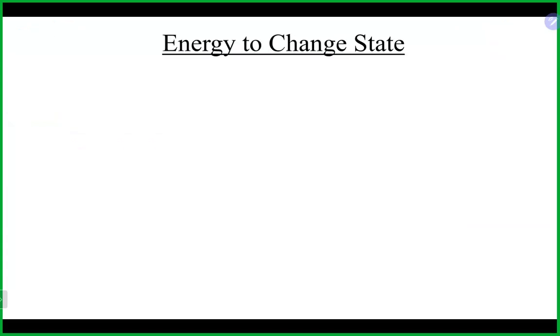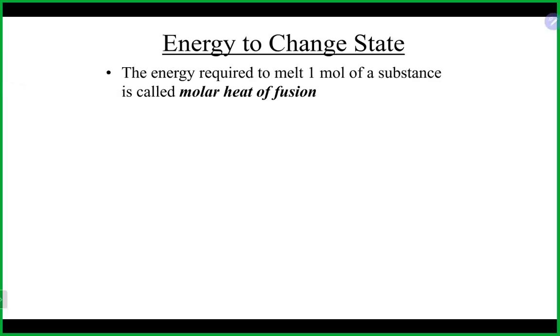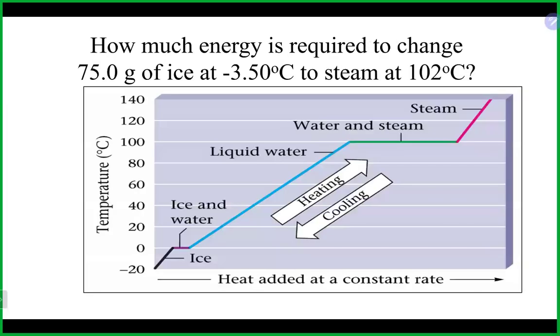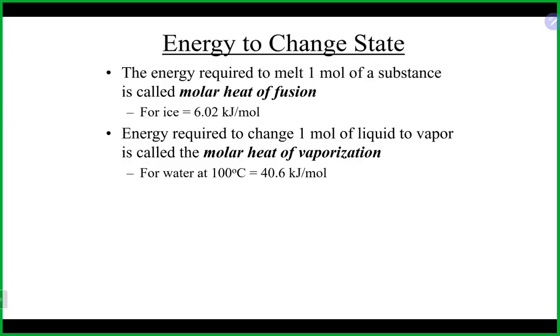So when we talk about these transitions that occur, there is a certain amount of energy required to do nothing more than just simply take a substance from one phase to the next. So, for example, at 0 degrees Celsius, there's a certain amount of energy required to take ice at 0 degrees Celsius to basically liquid water at 0 degrees Celsius.